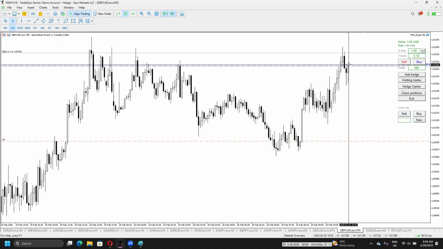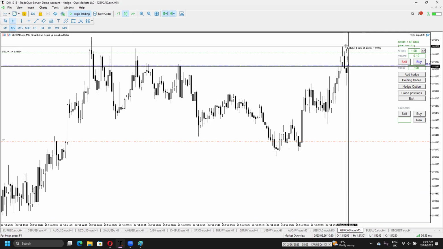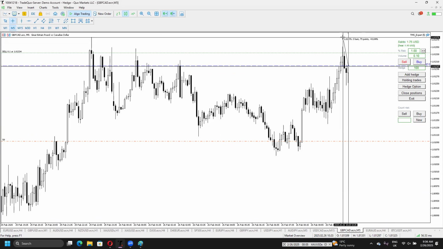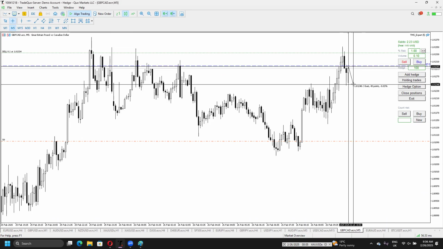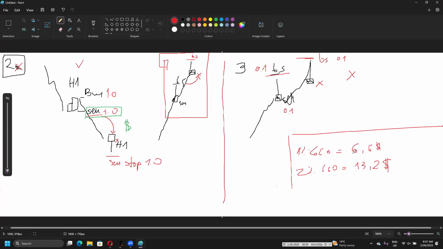As you can see, we entered the market with the basic risk at the level of 5 to 8 pips. So once we had 5 pips of profit, we could close this transaction, collect $5, and in 5 minutes, we would be close to our daily profit.